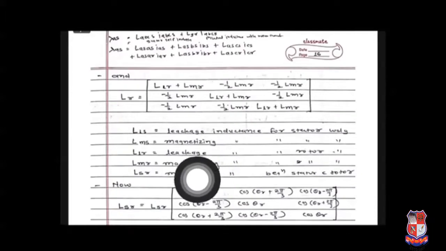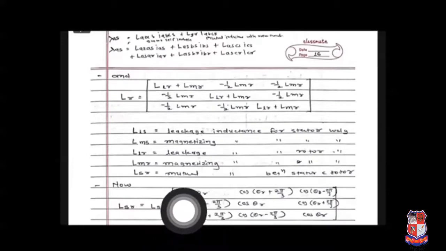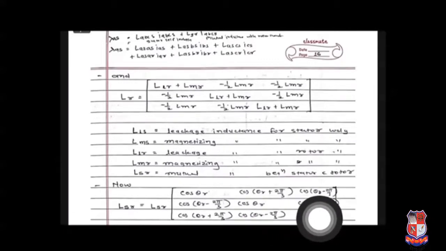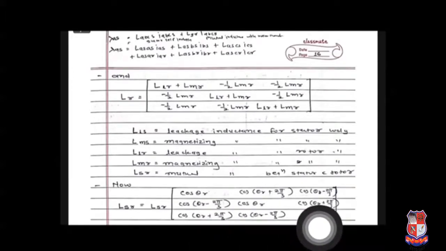So now define mutual inductance LSR is equal to the value of LSR into the matrix cos theta r, cos theta r plus 2 pi by 3, cos theta r minus 2 pi by 3, and so on.